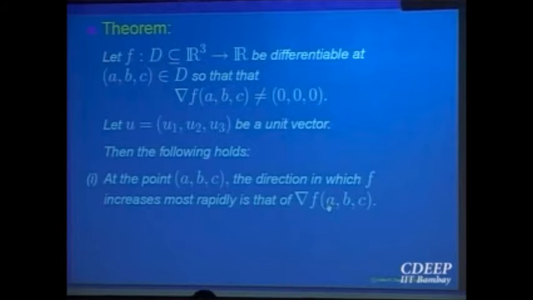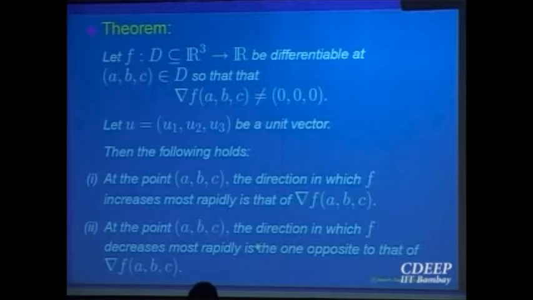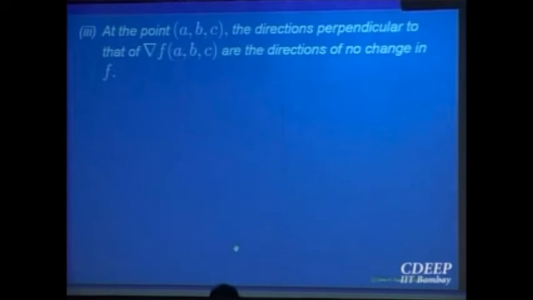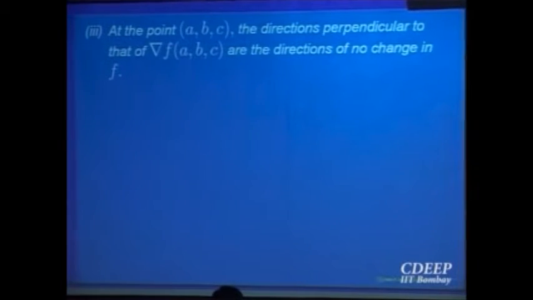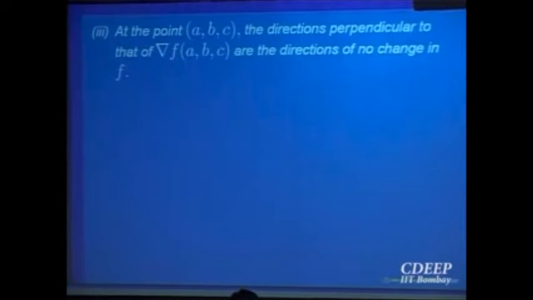So in the direction of the gradient vector, the function will increase most rapidly, and similarly in the opposite direction, it will decrease most rapidly. And in the directions which are perpendicular to the gradient vector, cos theta is equal to 0, theta is equal to pi by 2, so there will be no rate of change of the function in those directions.